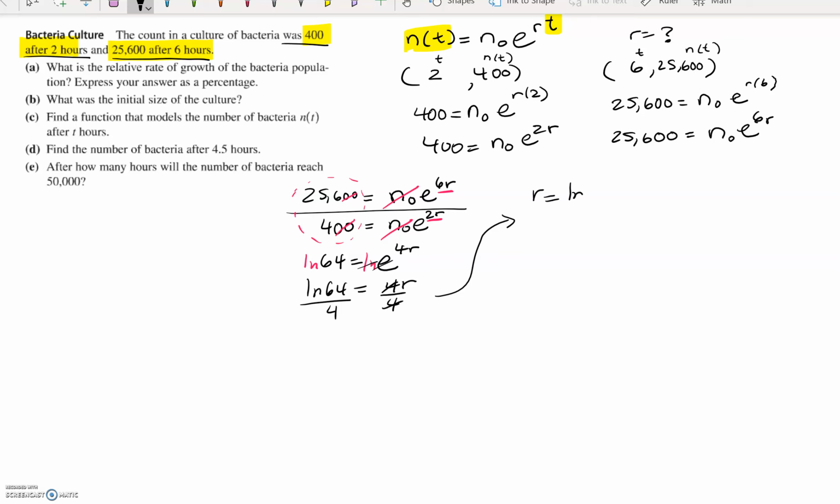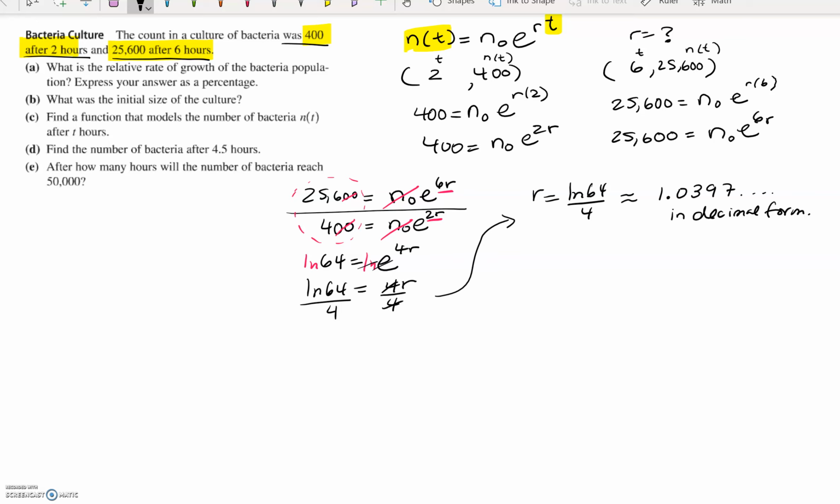So R is ln of 64 over 4. Let's punch that in. We're going to get ln of 64 divided by 4, which gives us 1.0397, and it goes on forever. So that's the R in decimal form.